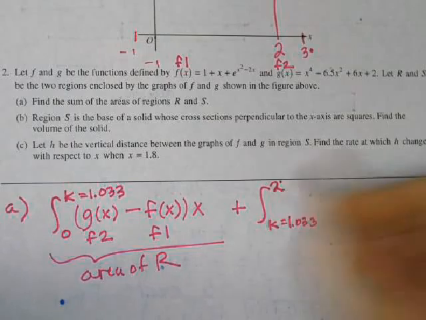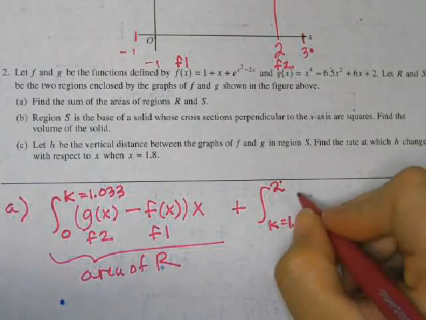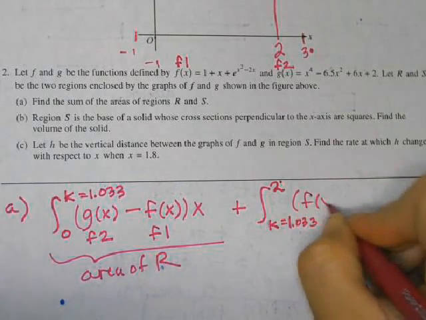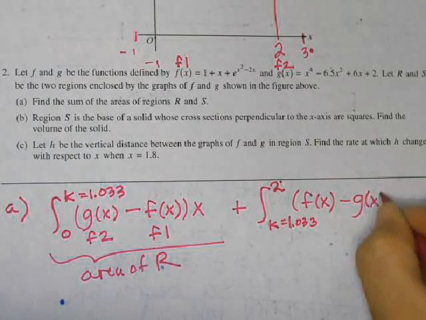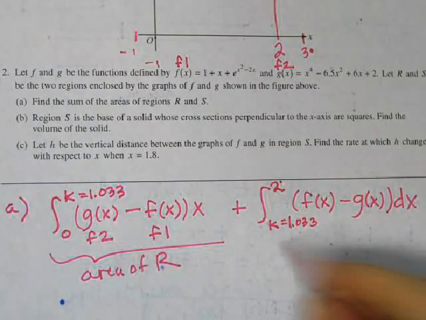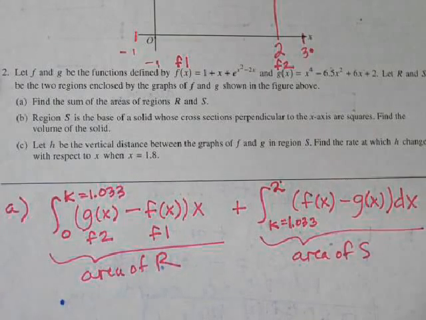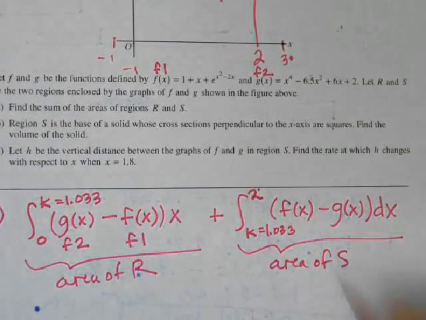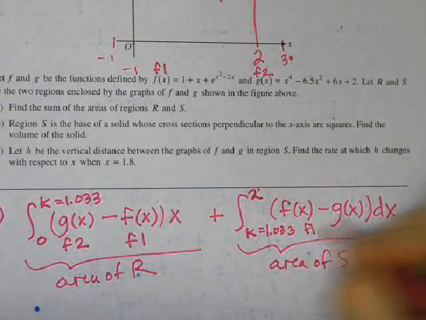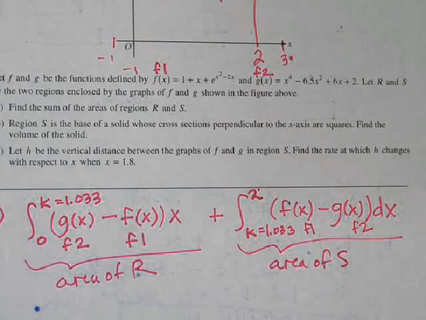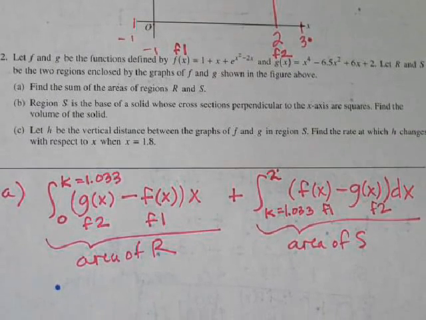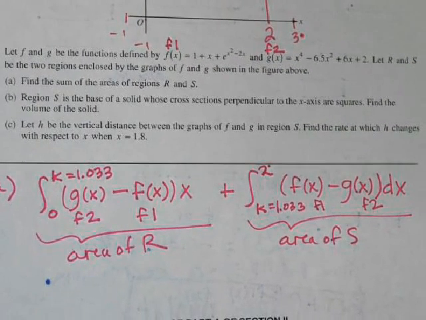But you can just type F1, like the letter F and the number 1. And then plus the integral from K to 2 of F1 of X minus F2 of X dx. 2.004.